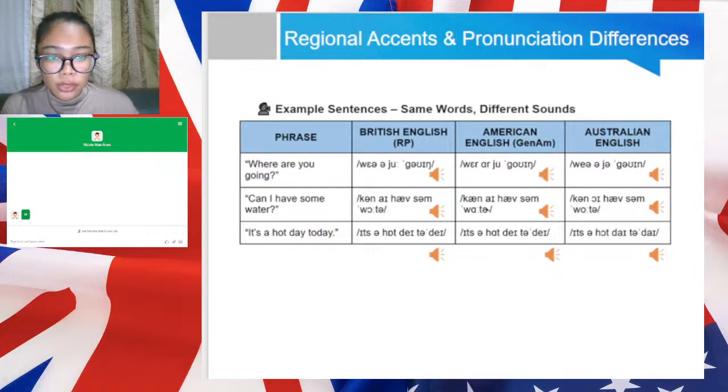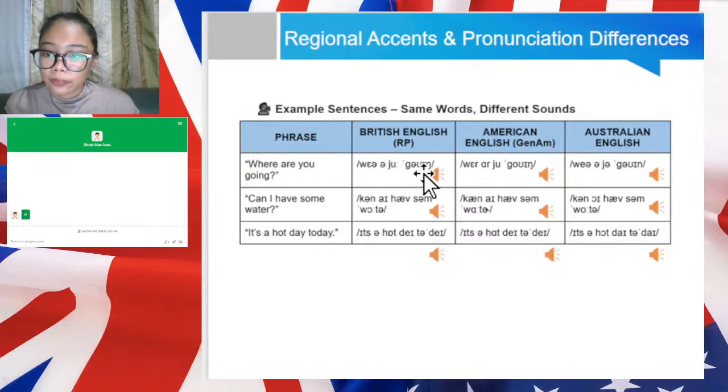To really hear these differences, we're going to listen to audio recordings for each of these sentences spoken in British, American, and Australian English. Pay close attention to the letter R sounds, the vowel sounds also, and even the overall rhythm and intonation. Our goal is just for you to identify the distinctions between these regional accents.